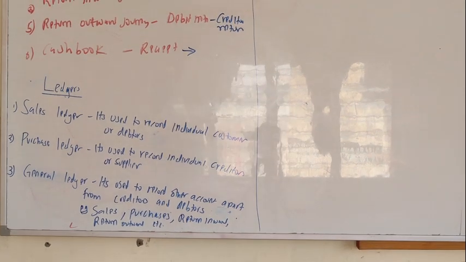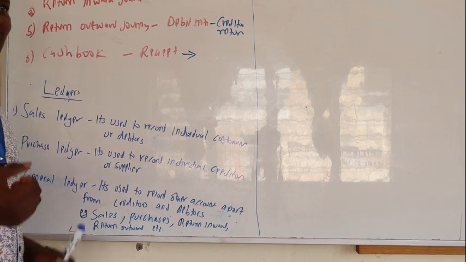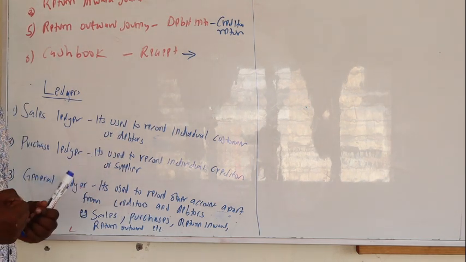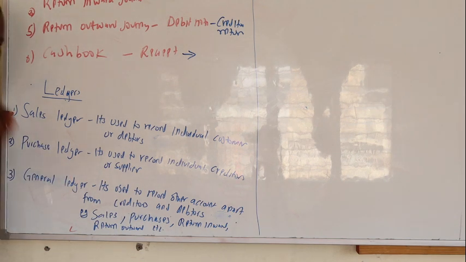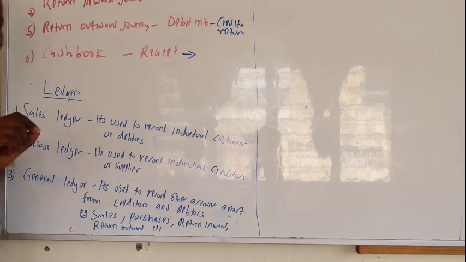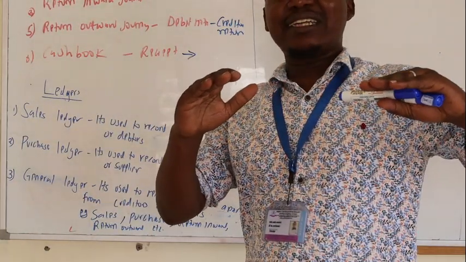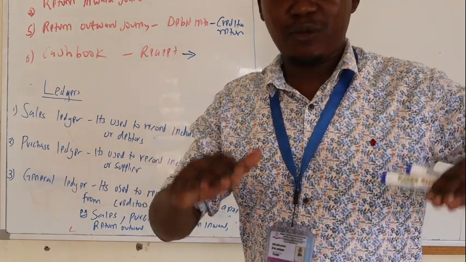Now, when we are talking about ledgers, basically we have 3 types of ledgers. We have what we call the sales ledger. The sales ledger is one of the accounts which records all the accounts of customers.